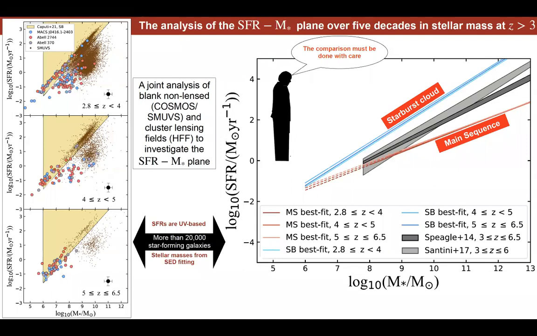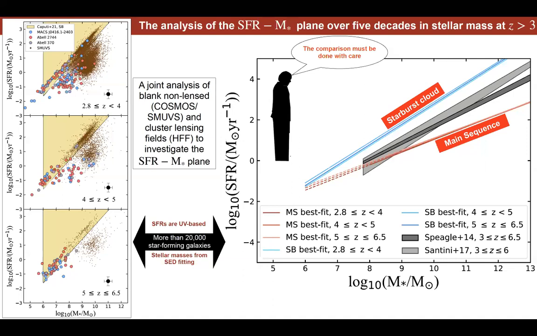However, this comparison must be done with care, because compared to previous literature, in this work we applied a net separation between starburst and main sequence galaxies. And in the past literature, they didn't consider at all this kind of separation.